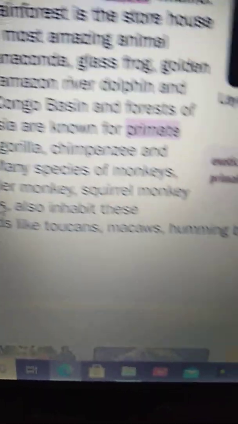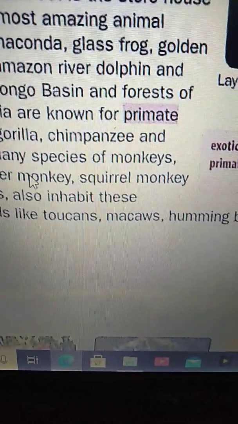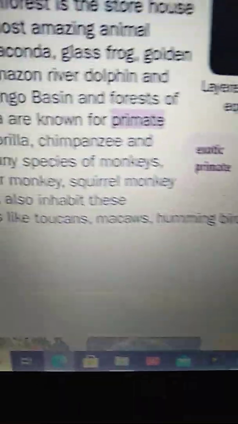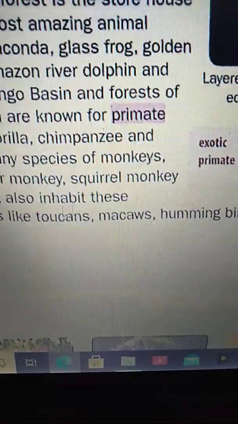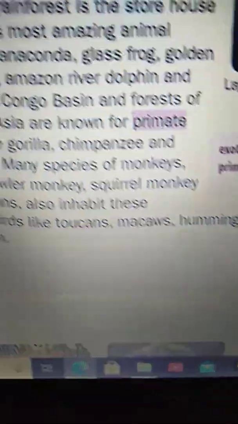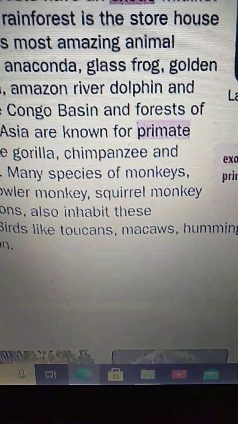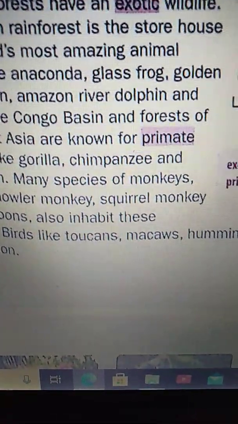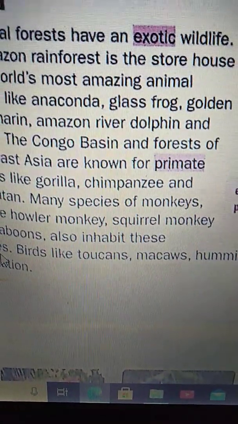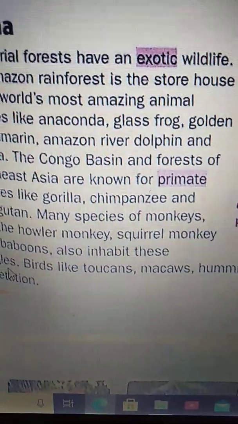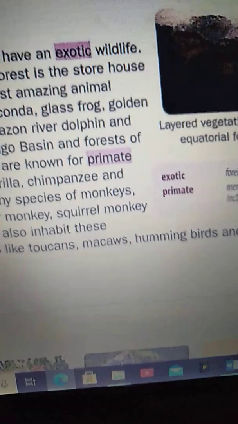Many species of monkeys like the howler monkey, squirrel monkey and baboons also inhabit these jungles.